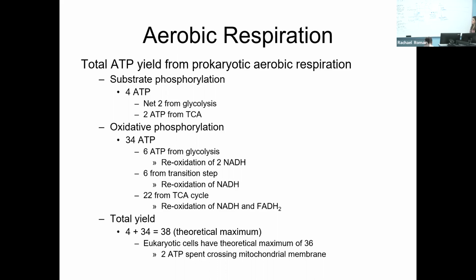Would we expect to see this on the exam? Yes, fully explaining it, fully knowing the numbers. So you can be asked what's the starting material of glycolysis, or what are the end products of glycolysis. We're going to have a cell doing aerobic respiration.